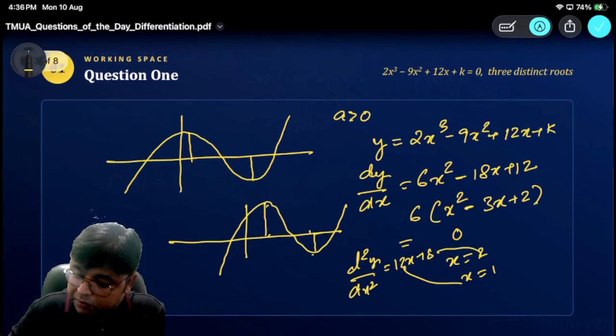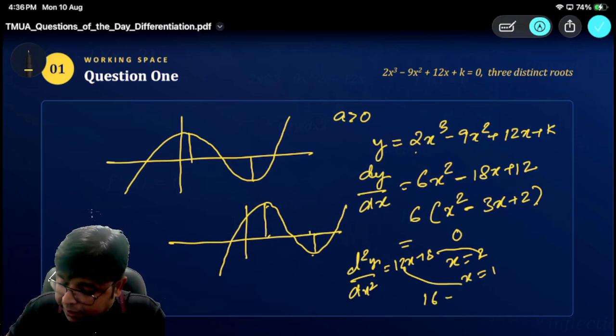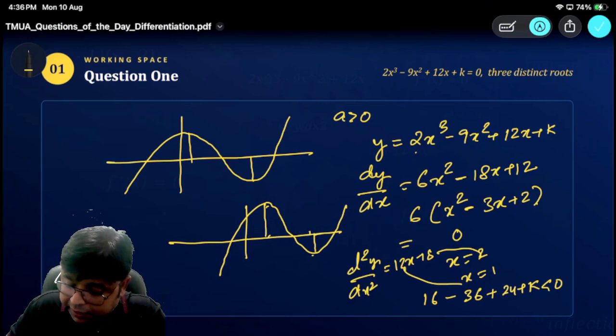So now, if I put 2 in the function, I'm going to get 2 into 2 cube, that is 16, minus 9 into 4, 36, plus 12 into 2, 24, plus k needs to be less than 0. Because f of 2, the value has to be negative.